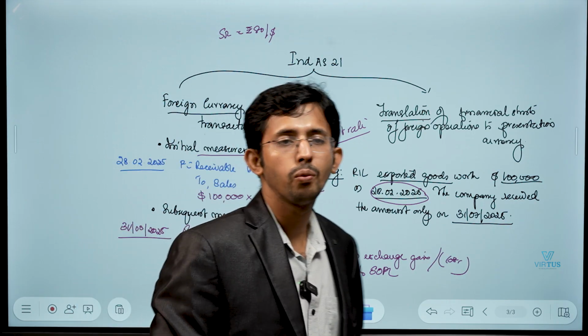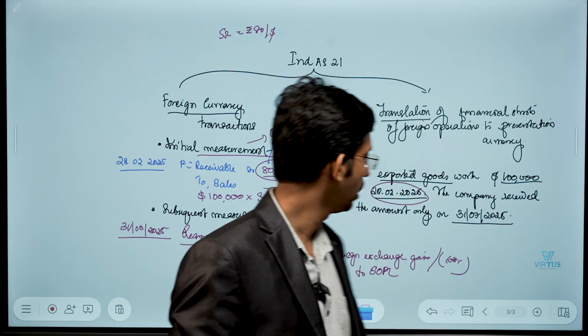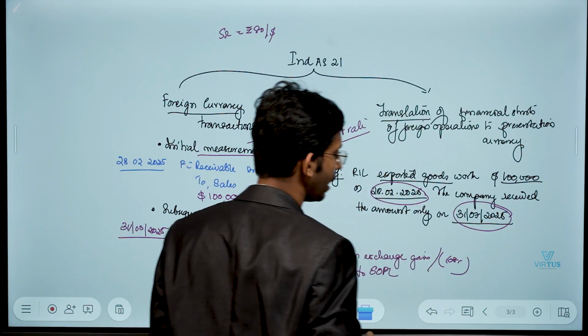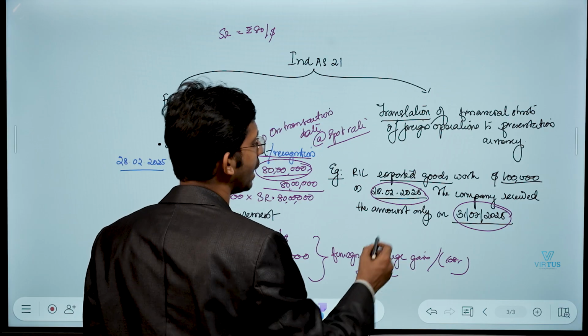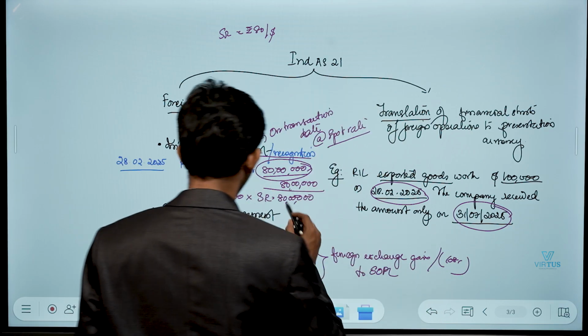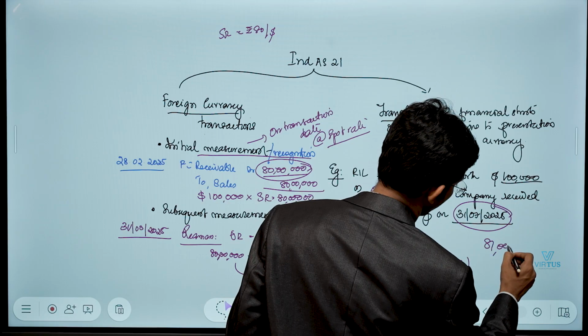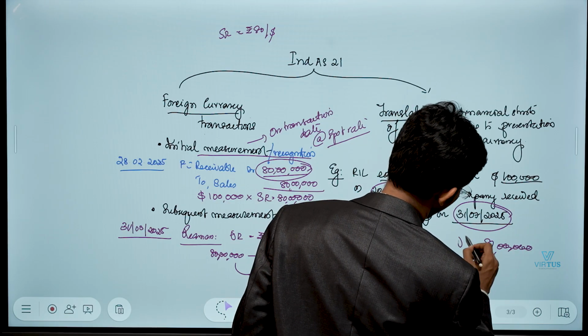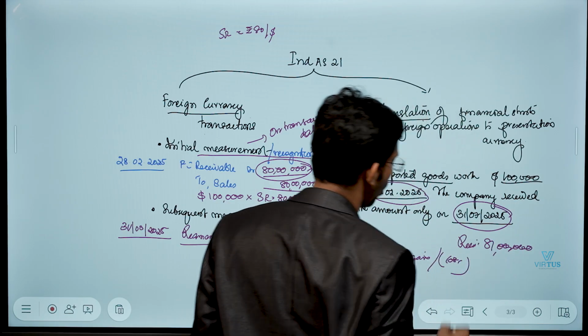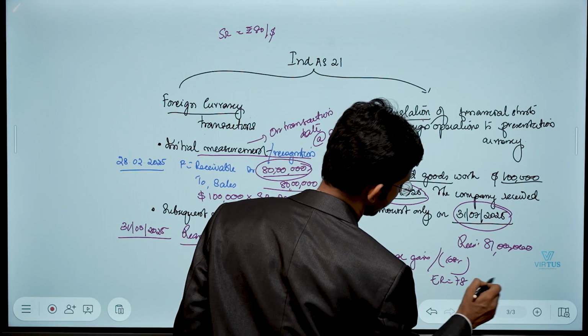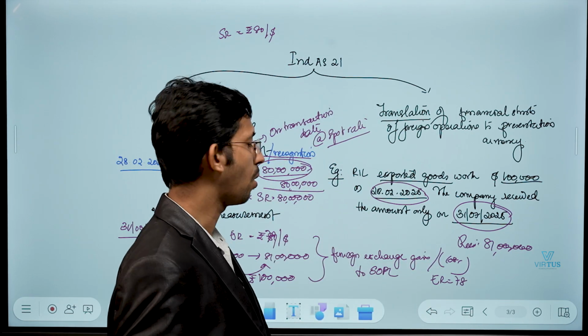Now what do you have to do when you actually receive the amount? When will you actually receive the amount? On 31/7/2025. As on that date, your receivables will be, let's say, 80 plus 1, that is 81 lakhs receivable. But unfortunately, on this date, the exchange rate is only, let's say, 78 rupees per dollar.